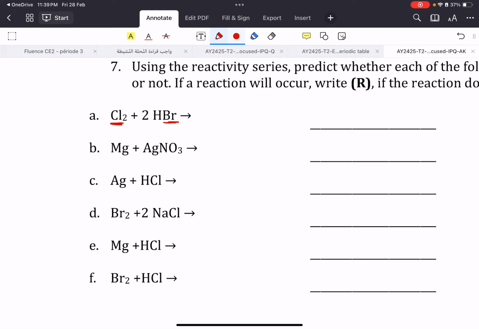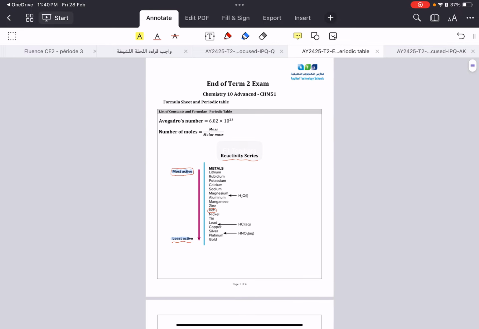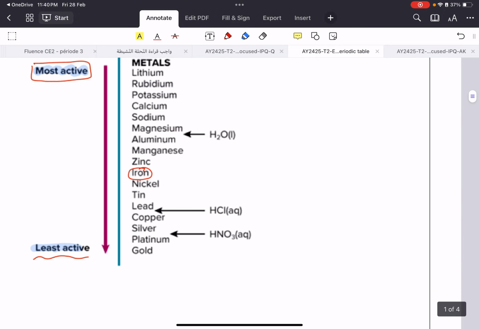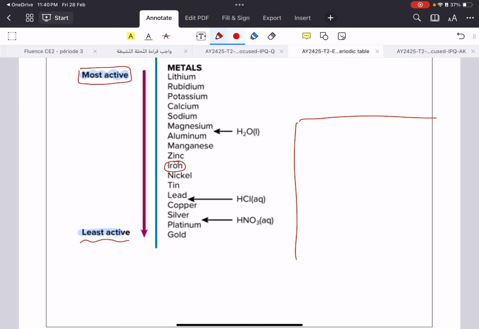According to the reactivity series, the one that is given here in the formula sheet does not contain the reactivity series of non-metals. But if this comes in the exam, then definitely there will be next to it a small table, just like the one I showed you in class, a small table giving the reactivity of non-metals.